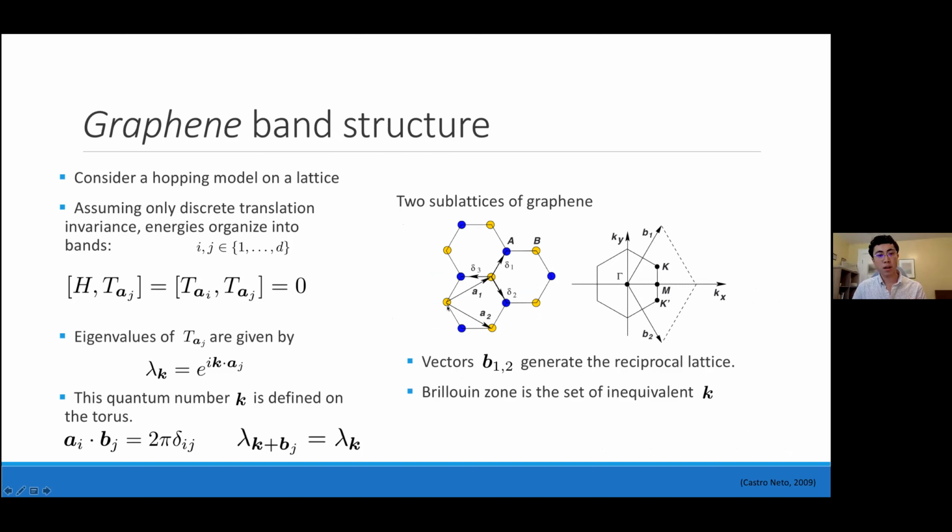Because compare this yellow site and this blue site. If this bond, or a vector in the direction of that bond, were the translation vector, then applying it again, we'd end up in this absence of a carbon atom, and that's bad. So the only choice we have is to connect the yellows to the yellows and the blues to the blues. Now, doing this bipartitions our lattice into these two sets, and we call them A and B, and these are the two sublattices of graphene.